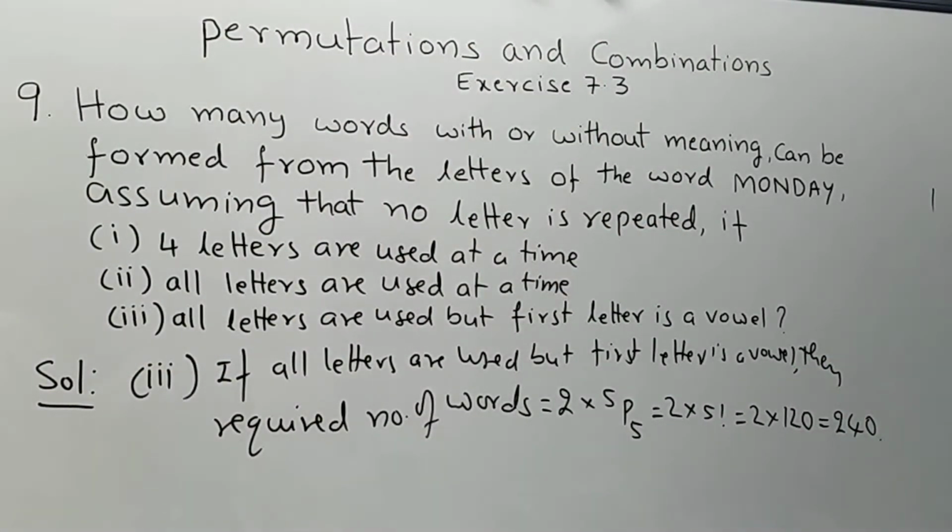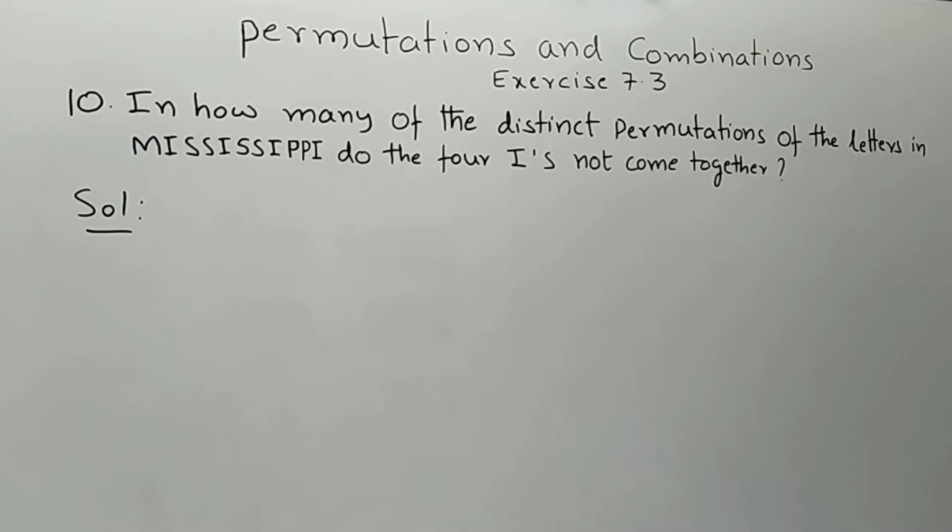Question number 10. In how many of the distinct permutations of the letters in Mississippi do the four I's not come together? Solution.